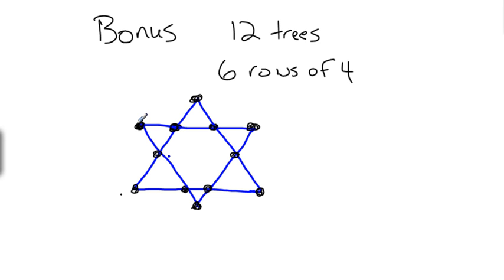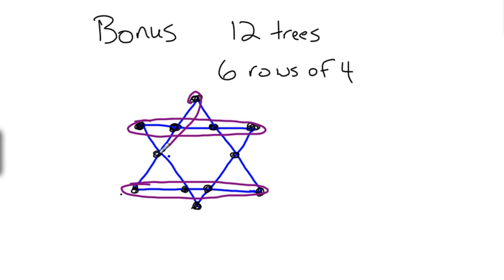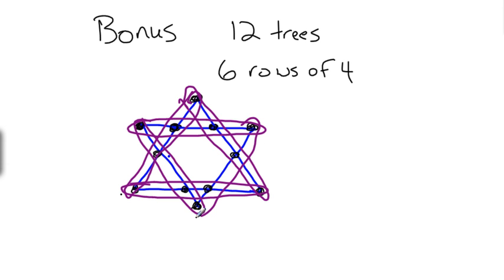We have 1 row of 4, 2 rows of 4, 3 rows of 4, 4 rows of 4, 5 rows of 4, and one last one, which makes 6 rows of 4. Using only 12 trees, each dot representing a tree, we have made 6 rows of 4.